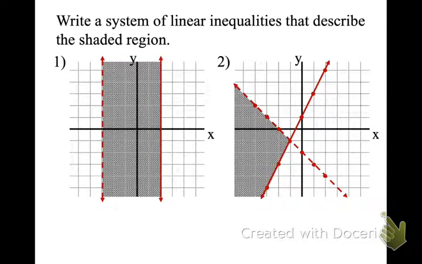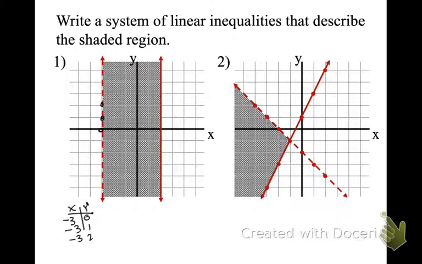All right, when we're writing our systems, it's pretty easy looking at the graph. You just have to figure out what the equations are. So this is a vertical line, and I'm just going to pick some points. So this point is 1, 2, 3, -3, 0, -3, 1, -3, 2.